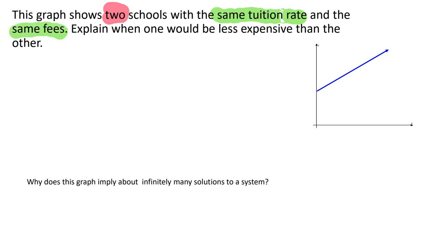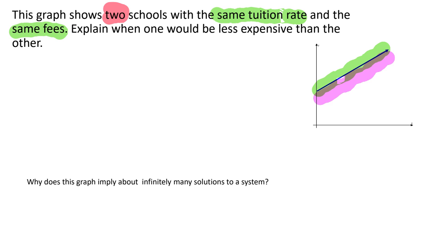Now, I want to enhance this blue line by using my highlighter. I have two schools, okay? I have the green school. I have the hot pink school. They are sitting on top of each other. So what it looks like is that they are the same line.